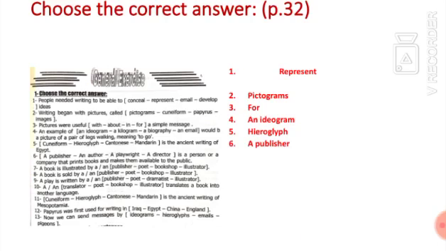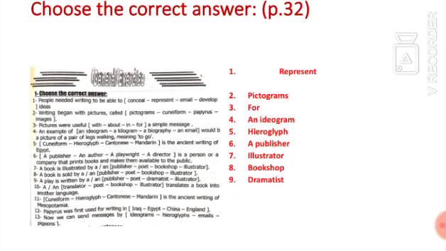Number 6. A publisher is a person or a company that prints books and makes them available to the public. Number 7. A book is illustrated by an illustrator. Number 8. A book is sold by a bookshop. Number 9. A play is written by a dramatist. Number 10.